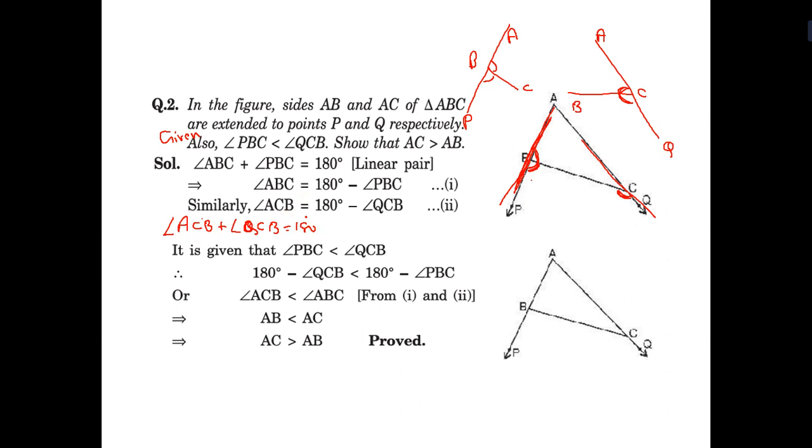Similarly, we can say that ACB is equal to 180 minus QCB. So that is equation 1 and 2.